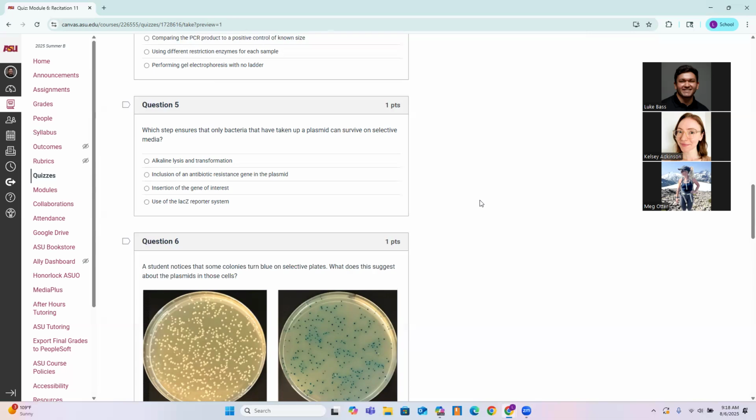So usually when you engineer these bacterial clones, you'll include some sort of resistance gene. So for example, let's pretend that this is our plasmid of interest. Great art skills.